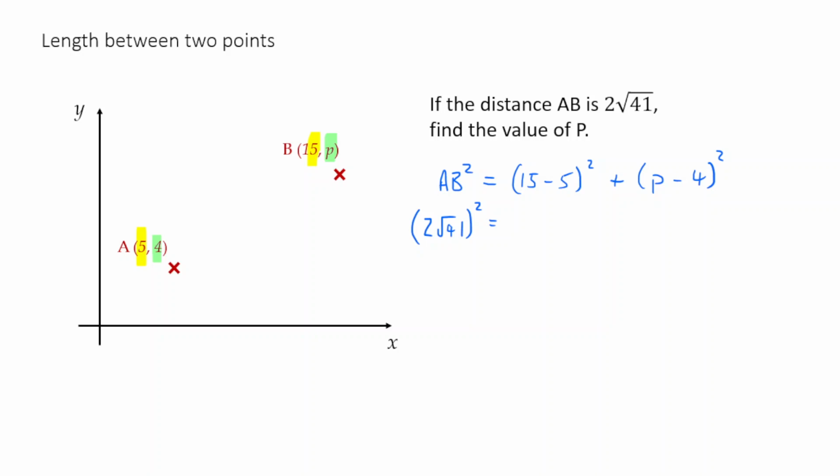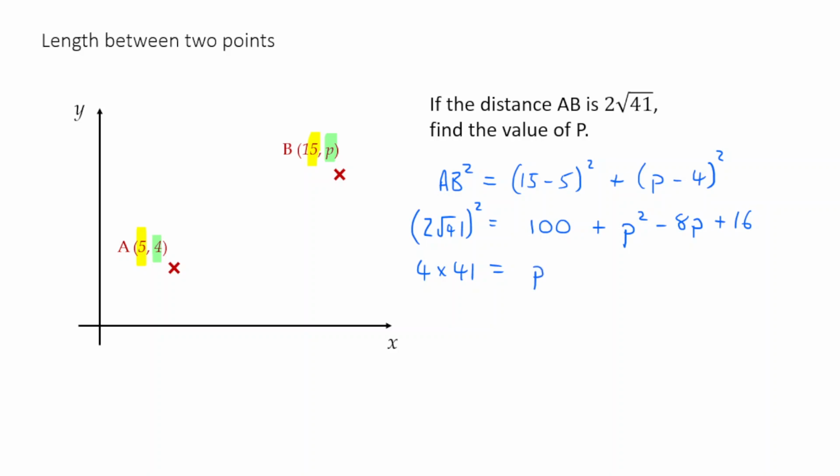15 minus 5 is 10. 10 squared is 100. And P minus 4 squared, we can expand that. We'll get P squared minus 8P plus 16. Okay? So we've got to simplify this, right? 2 root 41 squared is going to be 4 times 41, because we square the 2 and we square the root 41.